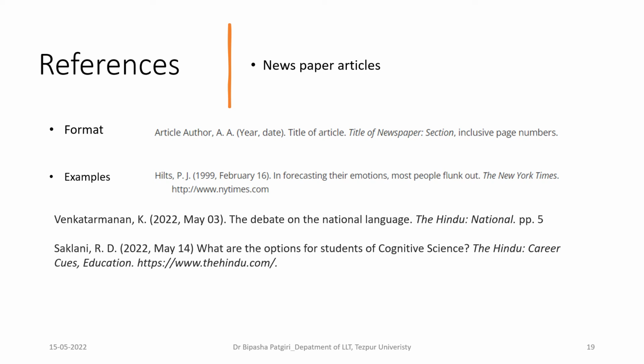In the second case, you can see I didn't mention the page number because I have read this article from their web page. In a web page, as you probably are aware, you don't get to know the page number exactly because they give tabs. So here the website is mentioned.